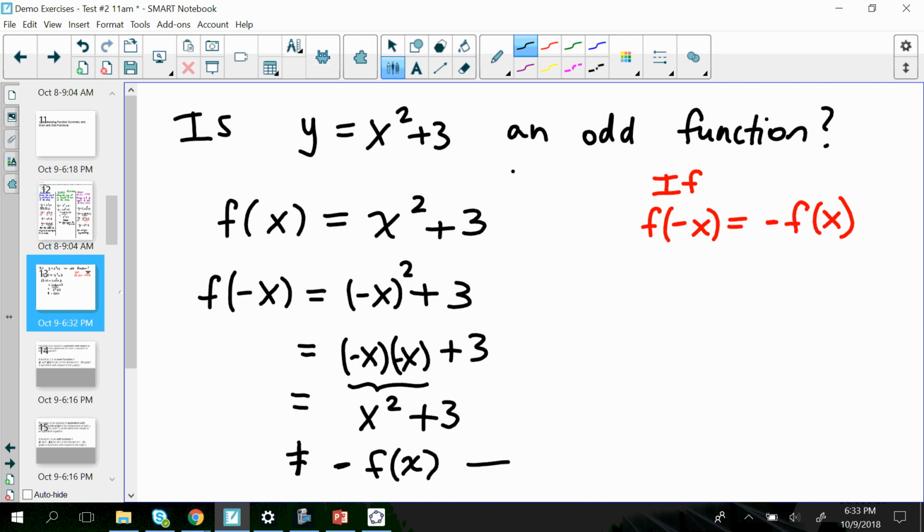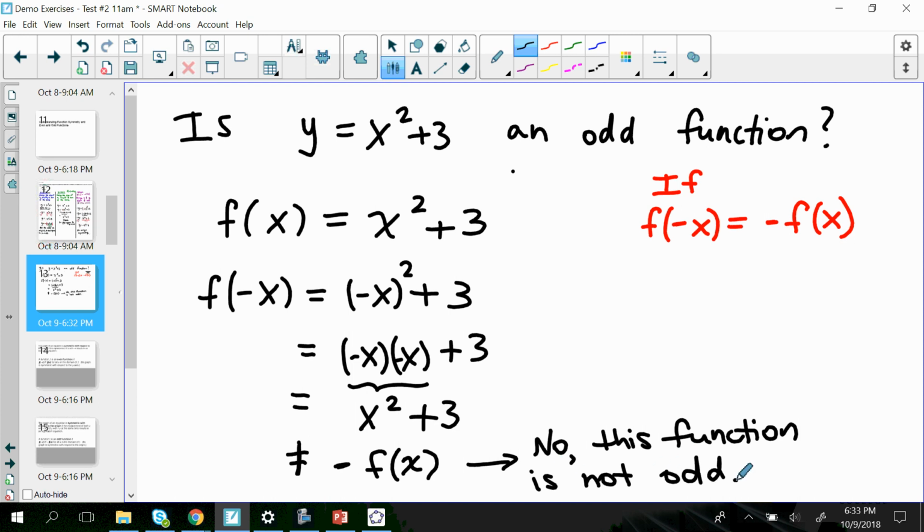So therefore we say no, this function is not odd.